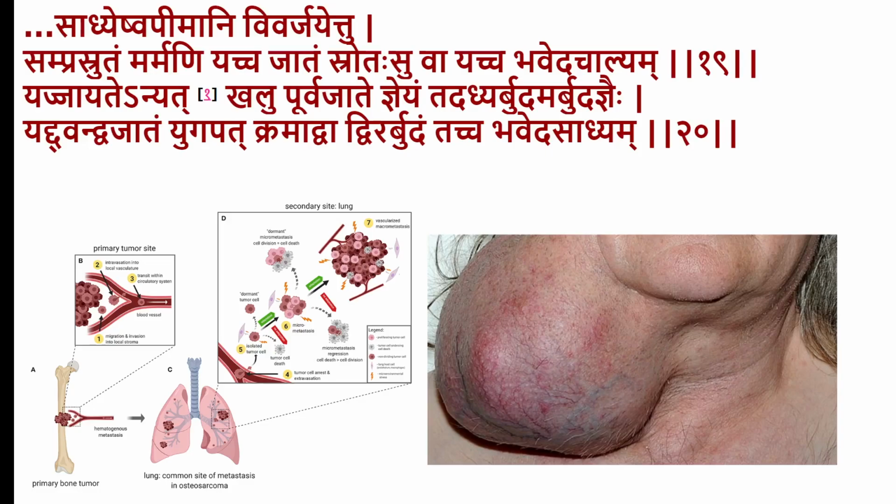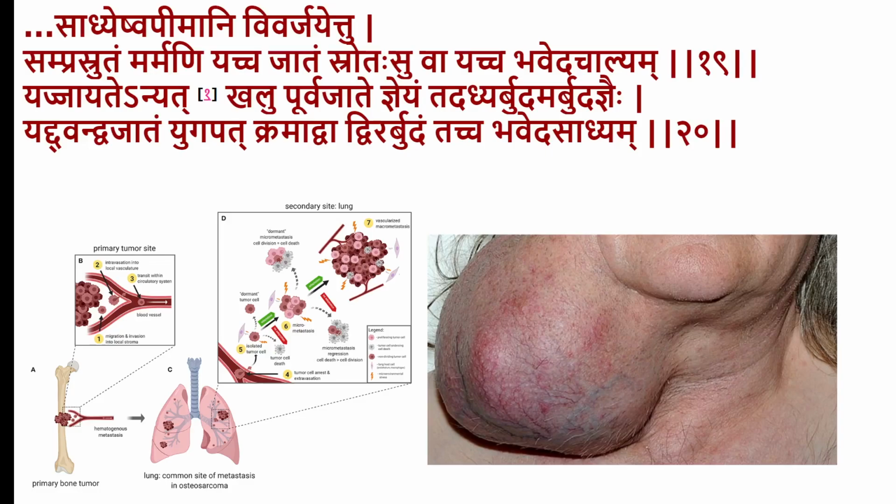If the arbuda is located in vital areas like srotas, a lumen, and then produces obstruction, like a mass in the esophagus may produce obstruction to the flow, swallowing, and then it may produce its own complications, and it becomes more difficult to be treated, or it tends to rupture and bleed. A rapidly growing ulcerating arbuda is also considered as incurable or acharyam when it becomes immobile.